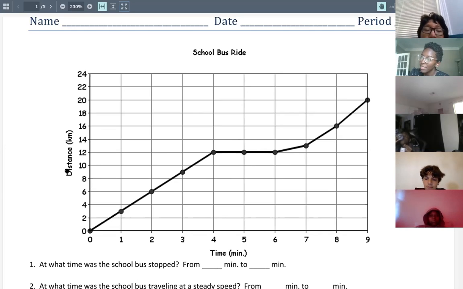But anytime you have distance and time, what are we usually calculating? How far, like miles per hour. Yes. How far you're traveling within a given time. Which measures what? What's one word? Starts with an S. Speed. Speed, there we go. So this is what we call a speed graph, okay?